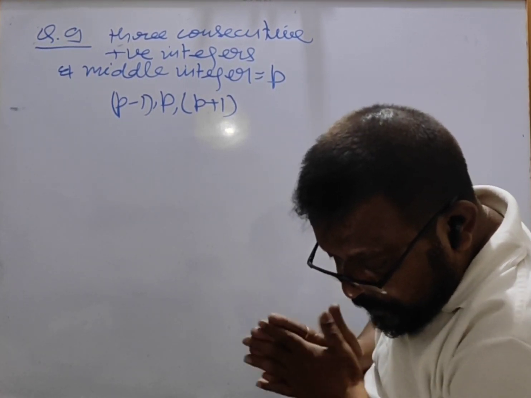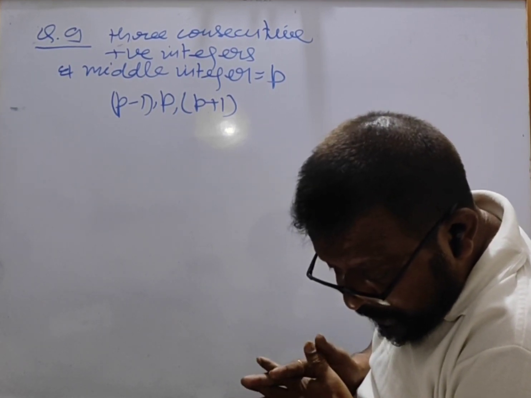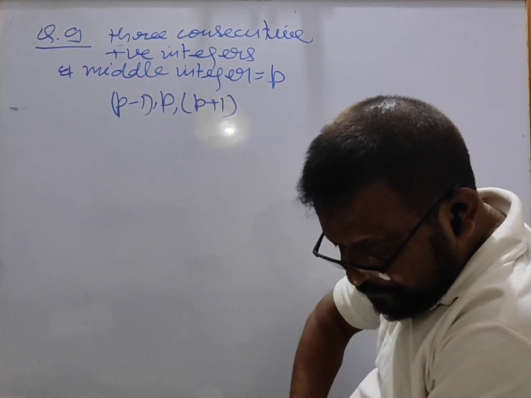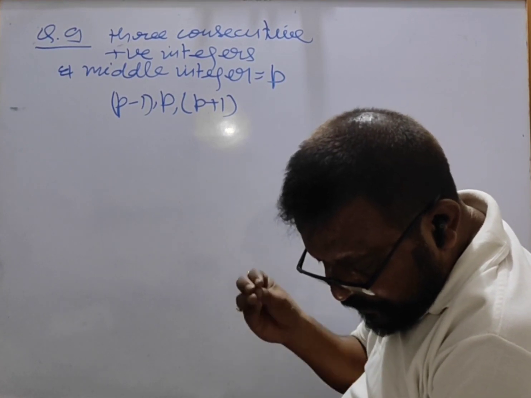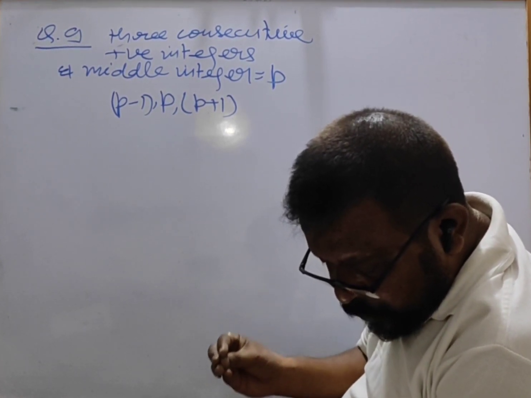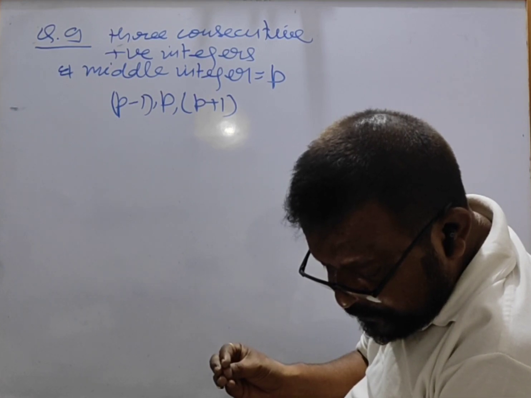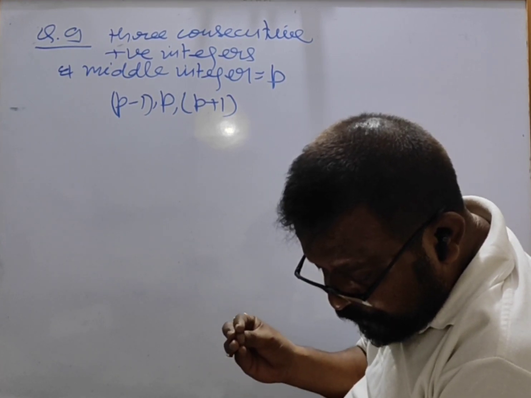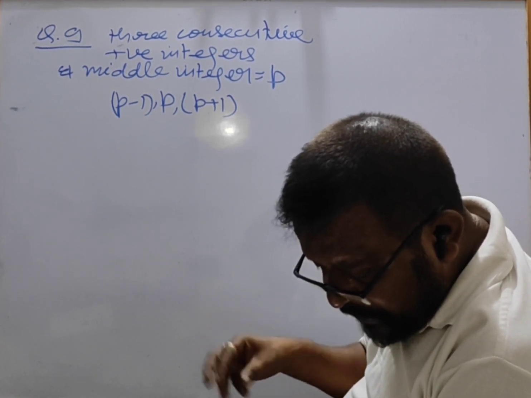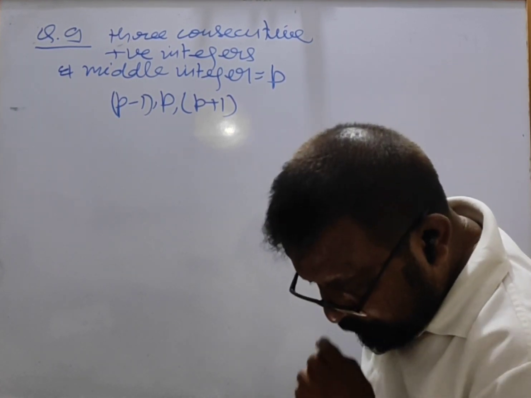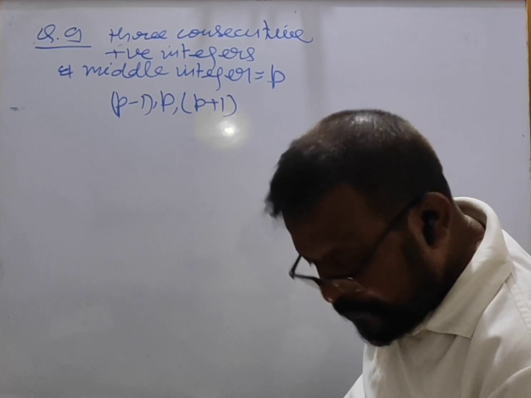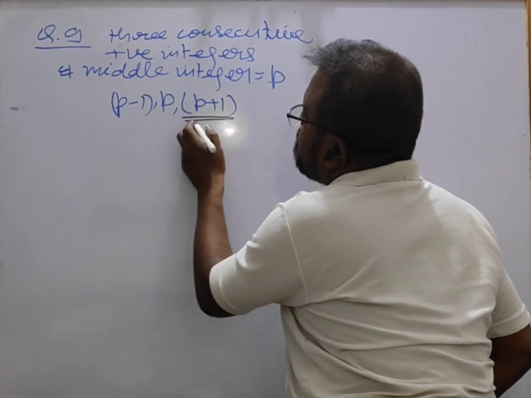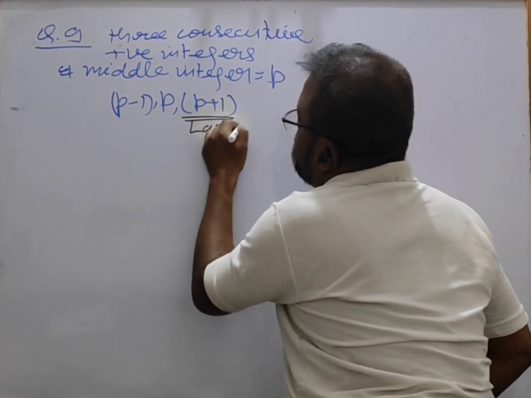If 3 times the square of the largest is greater than the sum of squares of the other two numbers by 67. Okay, means this is the largest, right?